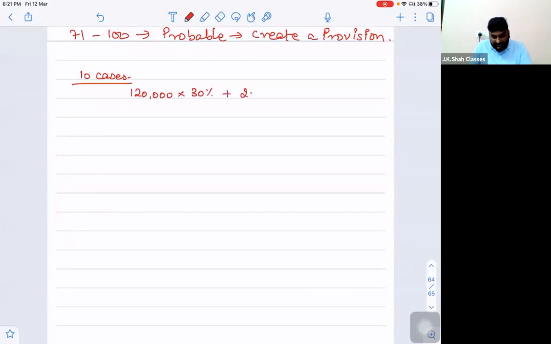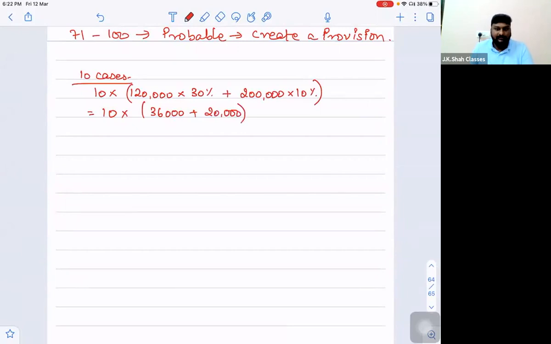Plus high damages 2 lakh, and the chance is 10%. Right? And this is for 10 cases. So I would say 10 into 36,000 plus 20,000. Sir, but how are you doing this 36 and 20?